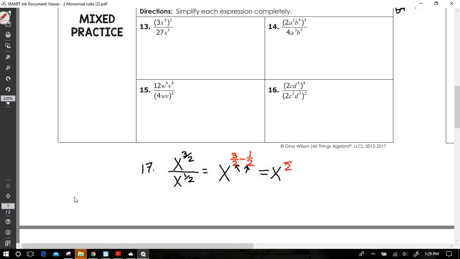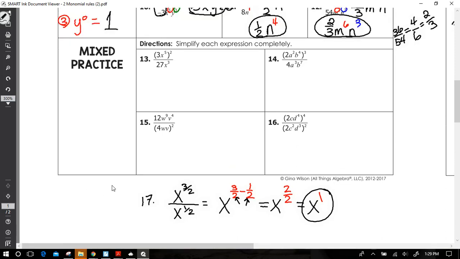So 3 minus 1 is 2. And then I need to go ahead and simplify this as well. So I have x, and then 2 divided by 2 simplifies to equal 1. So I have x to the first power. Alrighty? So fractions work the same way as integers.